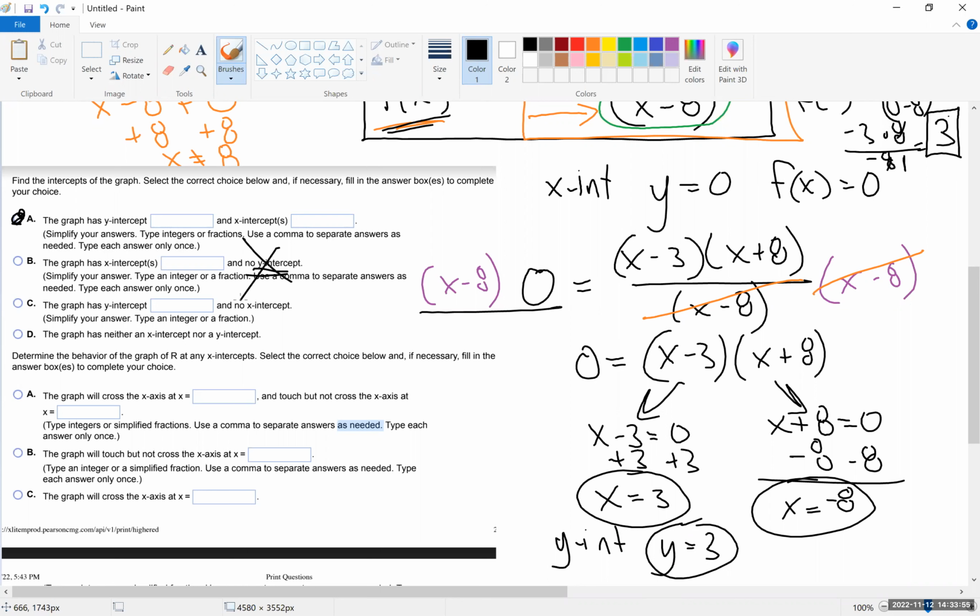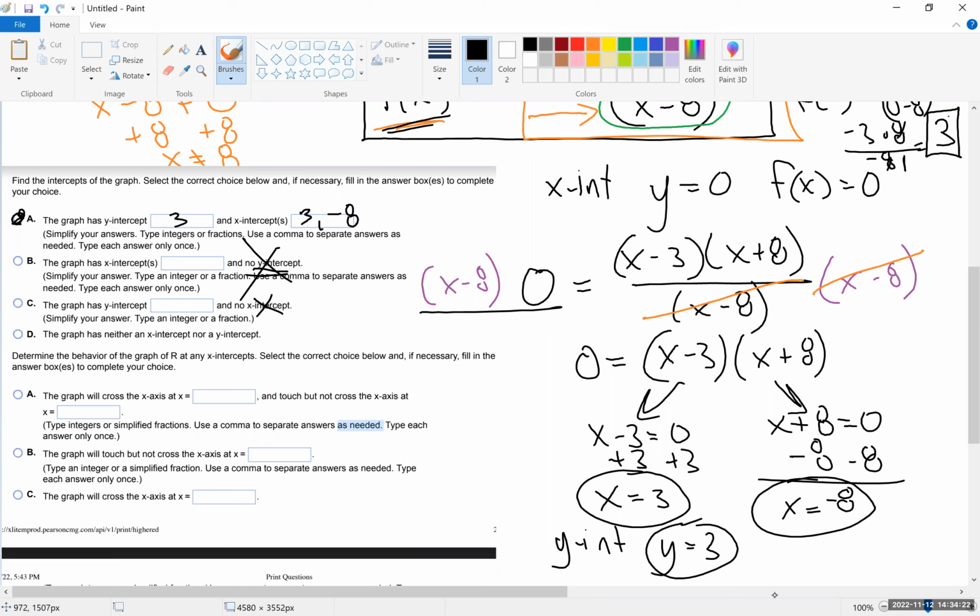That's totally wrong. And C says there are no x-intercepts. That's totally wrong. So we're choosing A in this case. And the y-intercept, we're going to write 3. And for the next one, those are the x-intercepts: 3 and negative 8. That's how we're going to write our answer into MyMathLab.